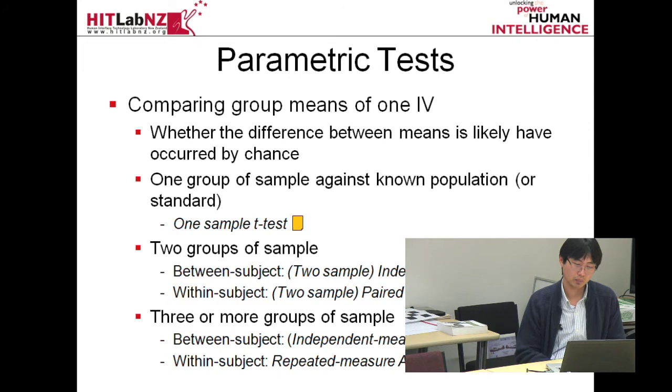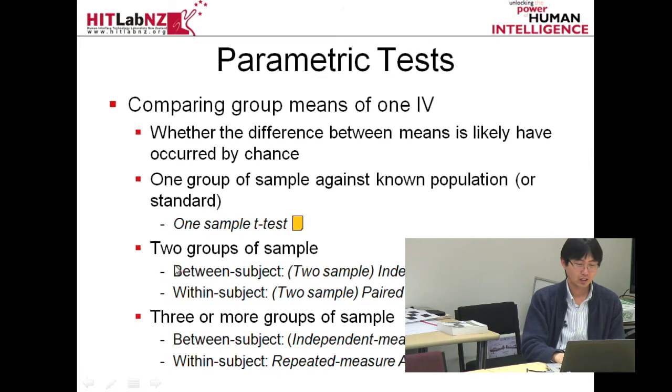So depending on whether your subjects were assigned in a between subject manner or within subject manner, the test you use is different. And if you use a different test because maybe you made a mistake, then the conclusion might be totally different. I'll show you an example in the next slide.